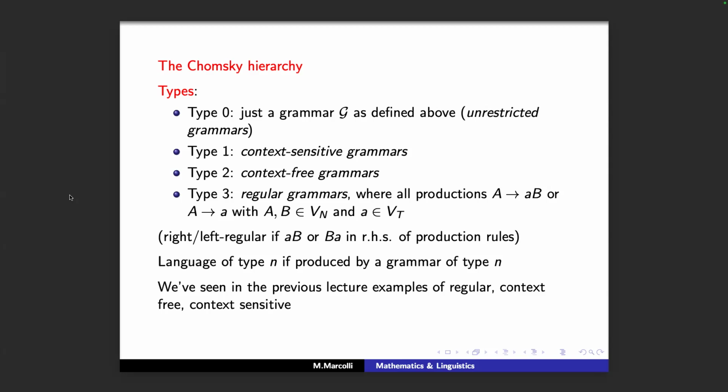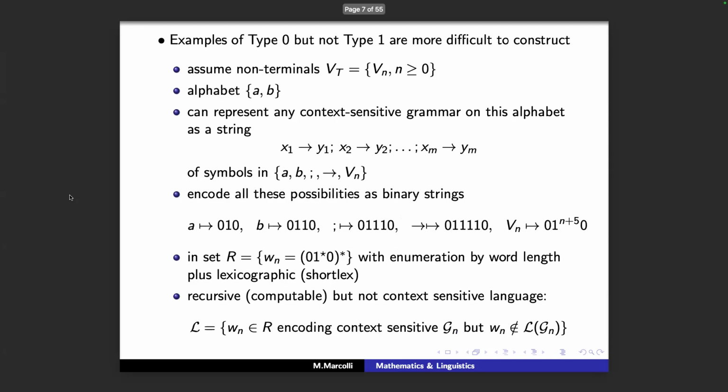The context-free and the context-sensitive grammars I've already discussed last time, what the rules look like. And the unrestricted grammar of type 0, I'll come back to say more carefully what it is, but basically it's related just to computability. It's where you don't put any restriction on how the actual production rules look like, but you just make a computability assumption that I'll be more precise about in a moment.